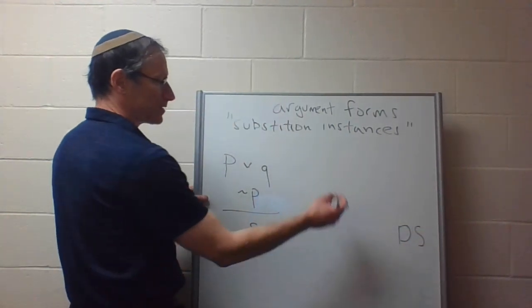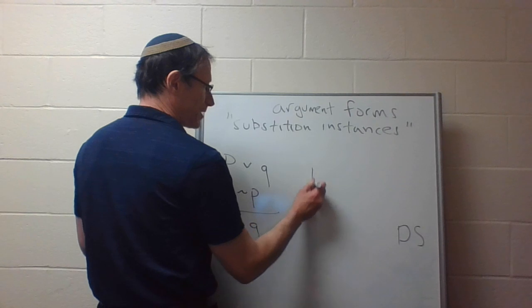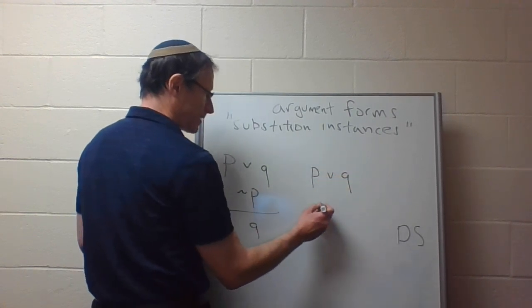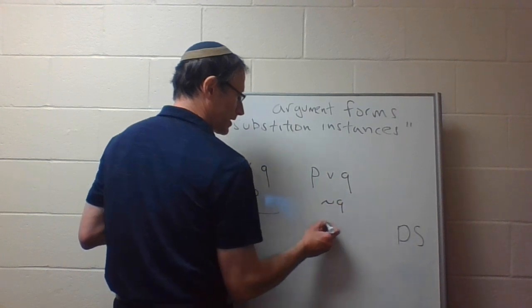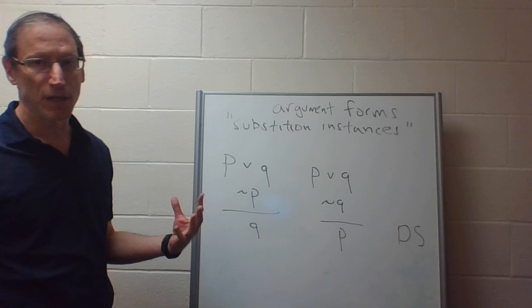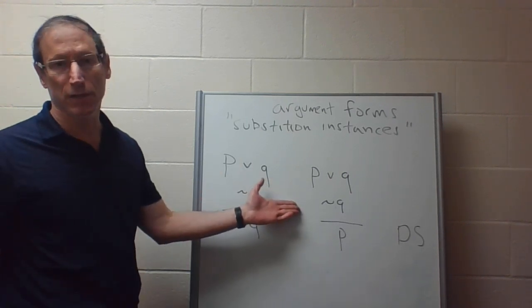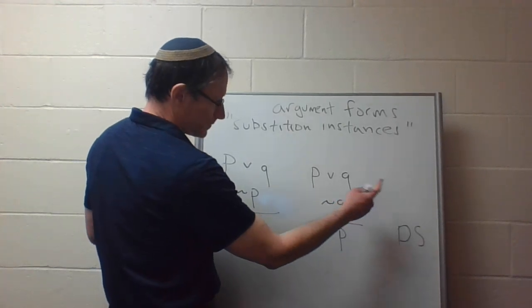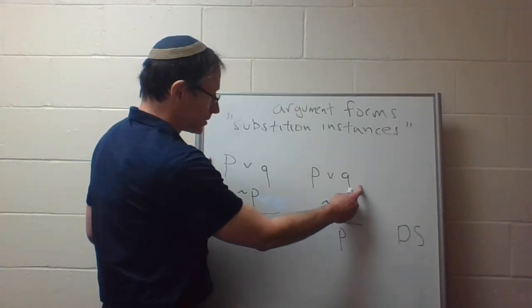Let's suppose I have this. I have P wedge Q, and then I have not Q, and I infer P. To me, this is also disjunctive syllogism. The difference is that you start off with a disjunction.